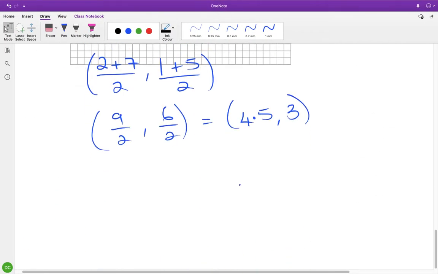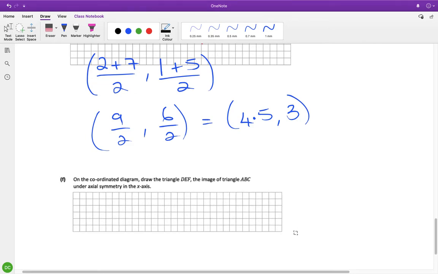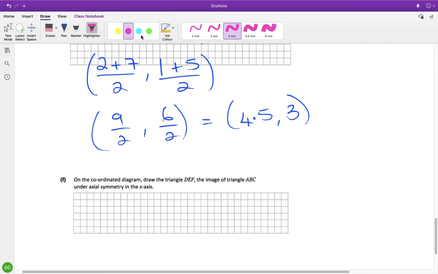Okay, so they want us to, on the coordinate diagram, draw the triangle DEF, which is the image of ABC under axial symmetry. Now, axial symmetry is a mirror image. That's what that means. So they want us to draw an image of ABC.